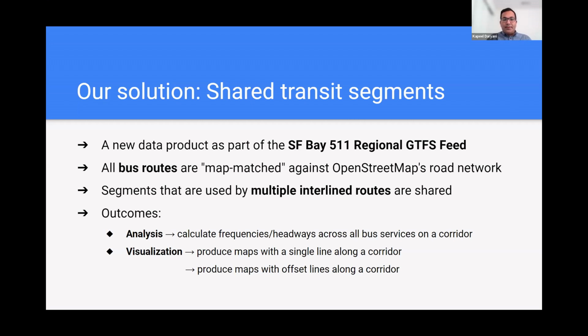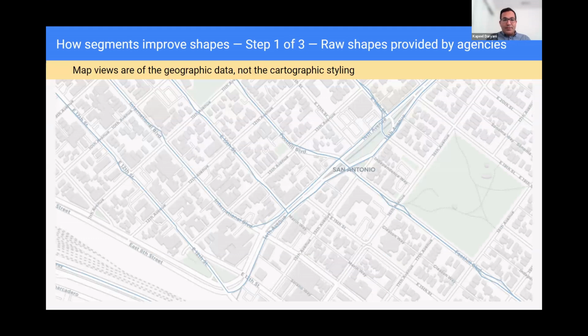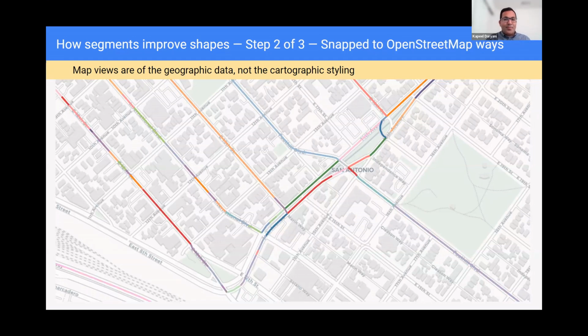And this is another example of how we are creating those segments. We have these raw shapes from shapes.txt in the GTFS feed. We're building it on OSM, and we have all these crooked lines, and we are map matching them to OpenStreetMap.